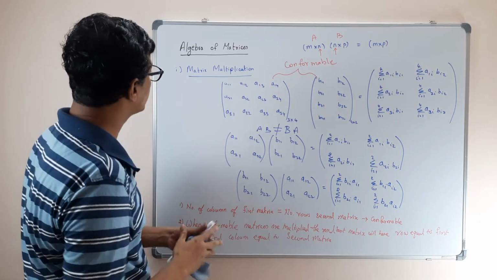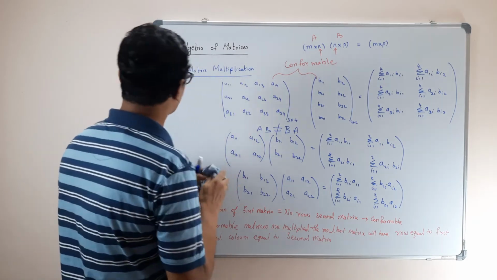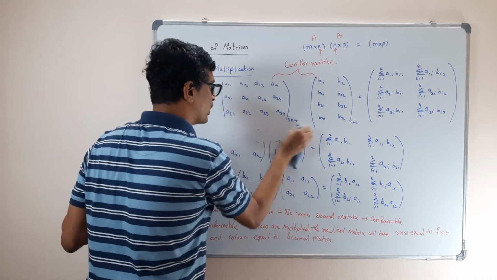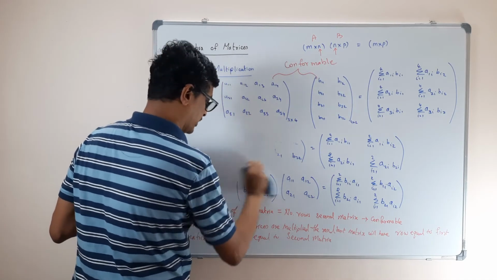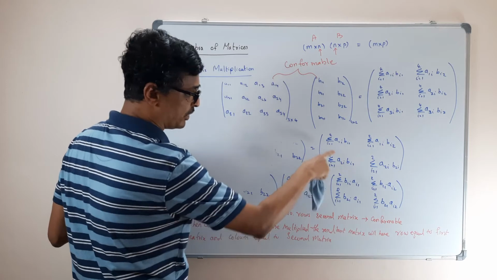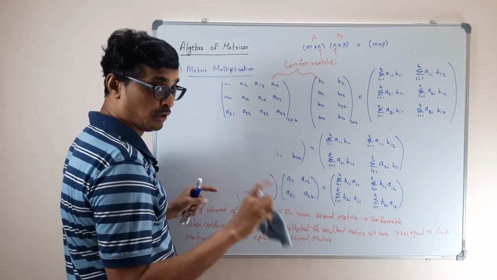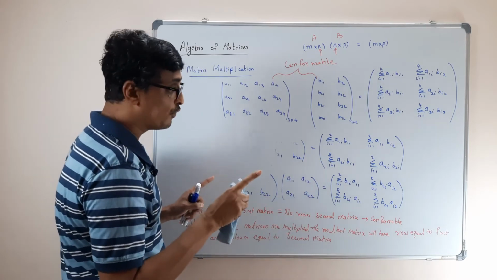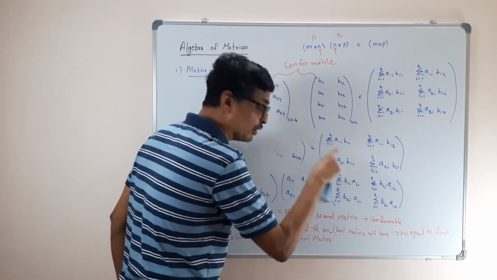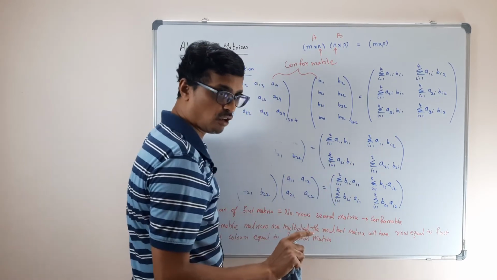Perfect. So now there's another important property when you define this matrix algebra: equality of matrices. Actually we came here, these two matrices are not equal. Two matrices are equal only when element by element are equal. Then only we call the matrices equal.